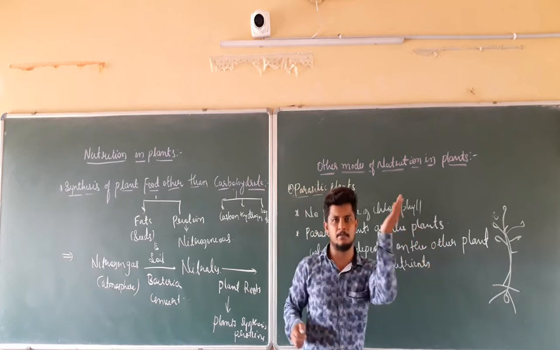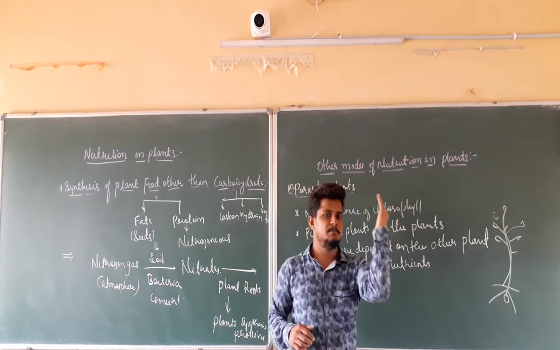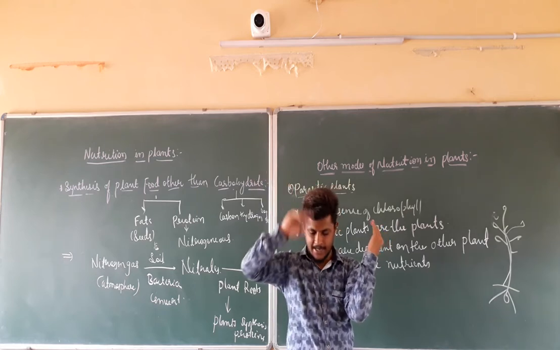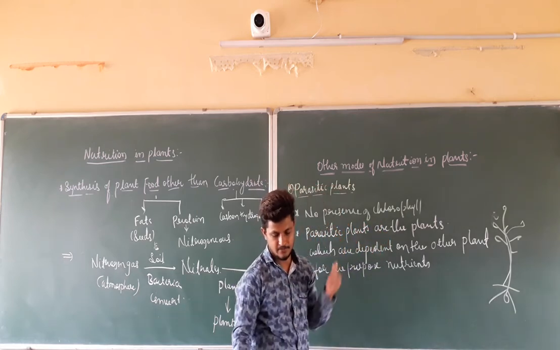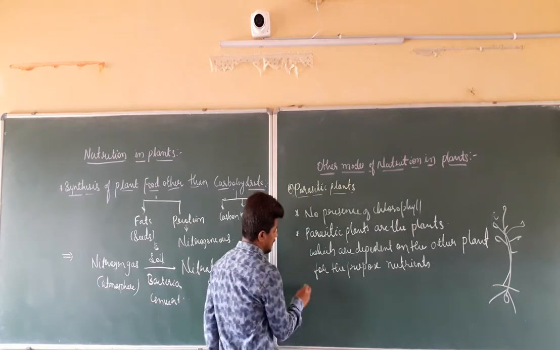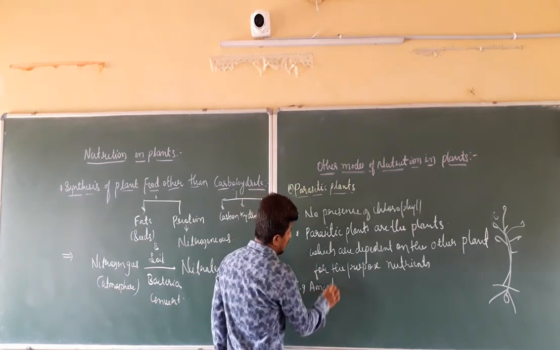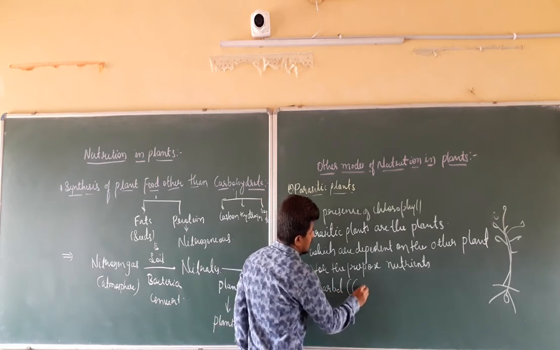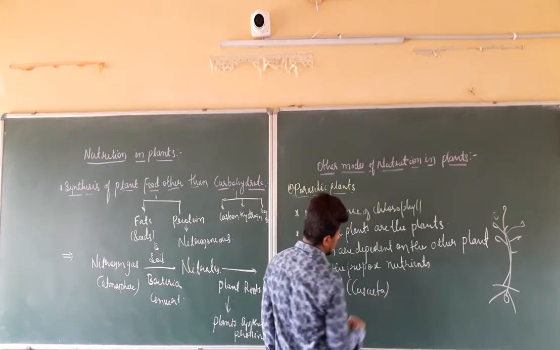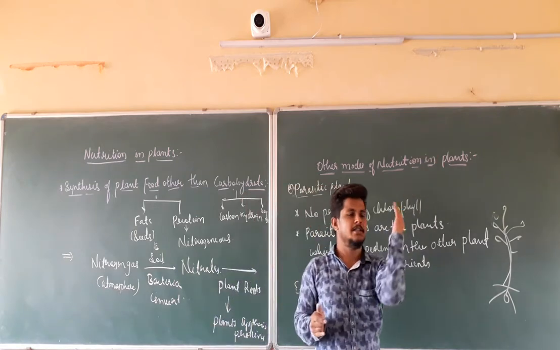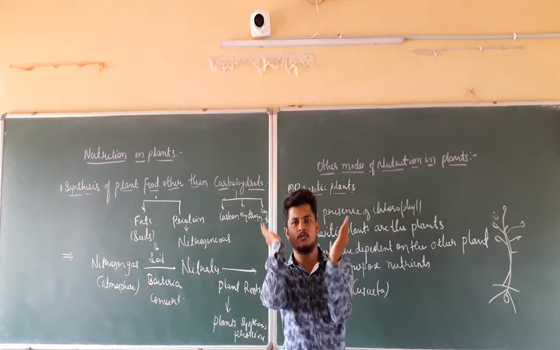Let this be plant one, the first plant. This is the plant which is going to make its own food. This is the parasitic plant. Take an example here, the Cuscuta or Amarvel plant. Now this is a plant and this will be the Cuscuta plant.